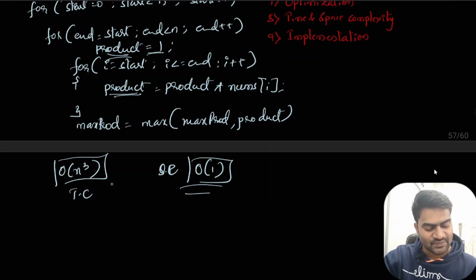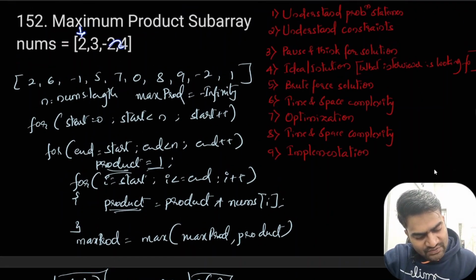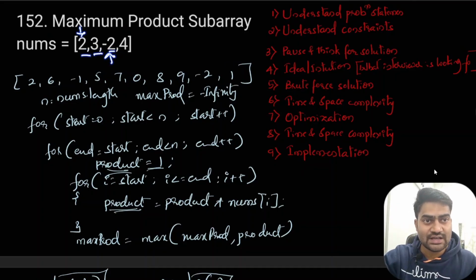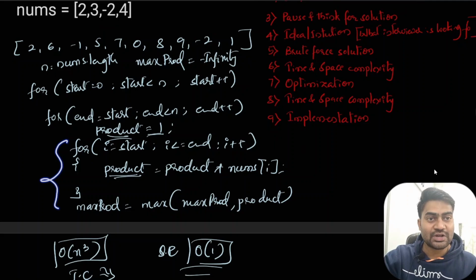So let's try to improve this. What we did in this problem is we used two pointers, something like this. Then we iterated over each value and found the product of all the numbers. But is that really required? Basically, this loop does that.